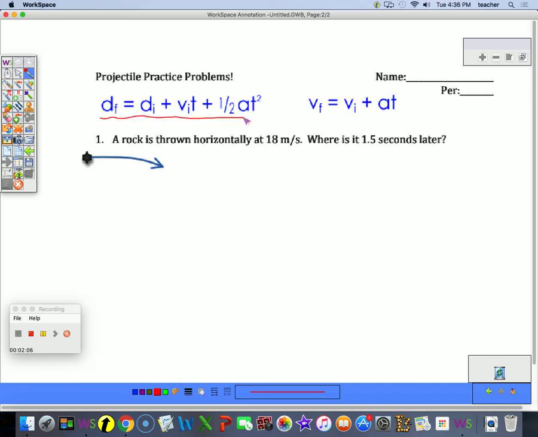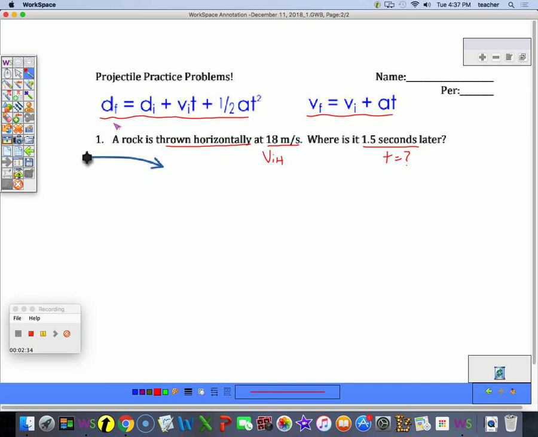Here's a rock that's thrown horizontally at 18 meters per second. So that's going to be VIH, H for horizontal. Where is it 1.5 seconds later? That's a time. If I'm looking for VF horizontal, I have two choices. I either have a distance equation or a velocity equation, and I'm going to choose the velocity one. So I'm going to write my equation, and I'm going to recognize that everything I'm doing is horizontal.